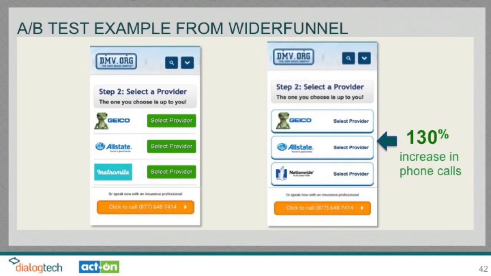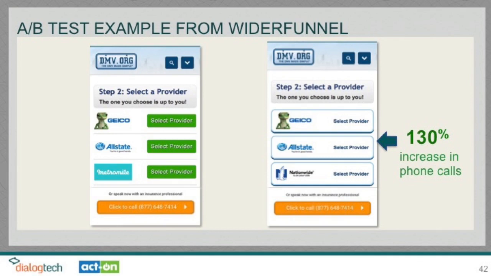So here's a simple example from a marketing optimization agency called WIDERFUNNEL that shows really simple A/B tests. On the left, you can see all they really did was change the color of the buttons in the middle. And basically, a simple change like this, you might not think would have any difference at all. But in fact, the version on the right generated 130% more phone calls just by changing the button.